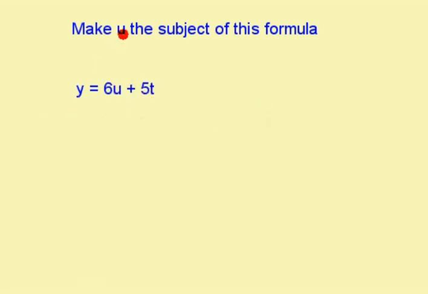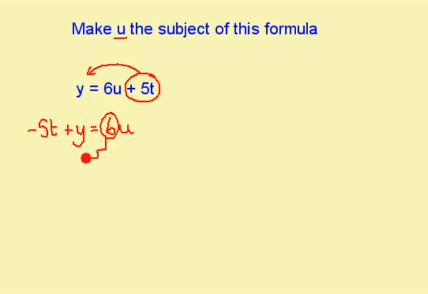In this one, I need to get u on its own. So I start with float and ping, and I can float and ping the plus 5t. That's going to become minus 5t plus y equals 6u. I'm trying to get u on its own, so the 6 needs to go down the escalator. So I've got minus 5t plus y over 6 equals u.